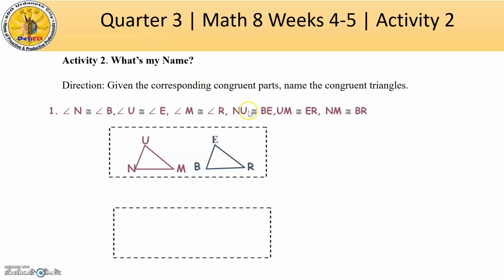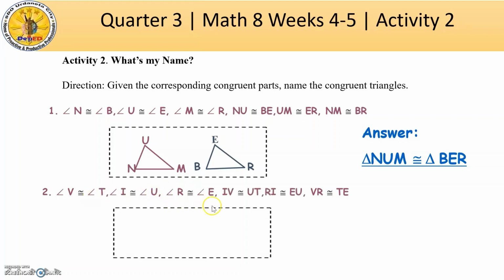Side NU is congruent to BE, UM is congruent to ER, and NM is congruent to BR. Therefore, the answer is triangle NUM is congruent to triangle BER.